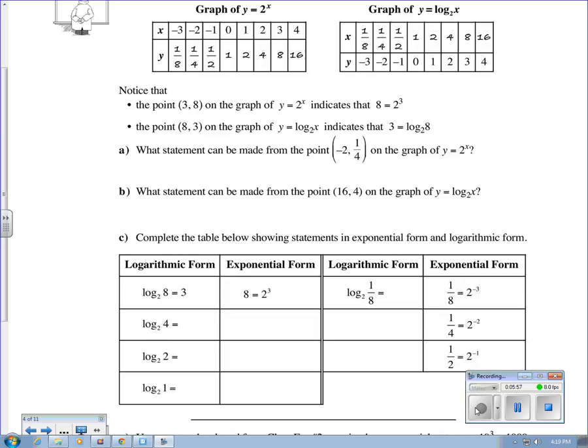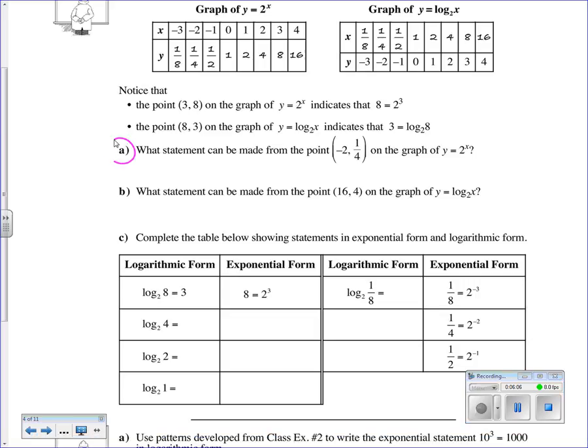When I look at the graph of y equals 2 to the exponent x, when I have the first point in A, what's that telling me? It's telling me that 2 to the exponent negative 2 is equal to a quarter. Excuse my orientation.